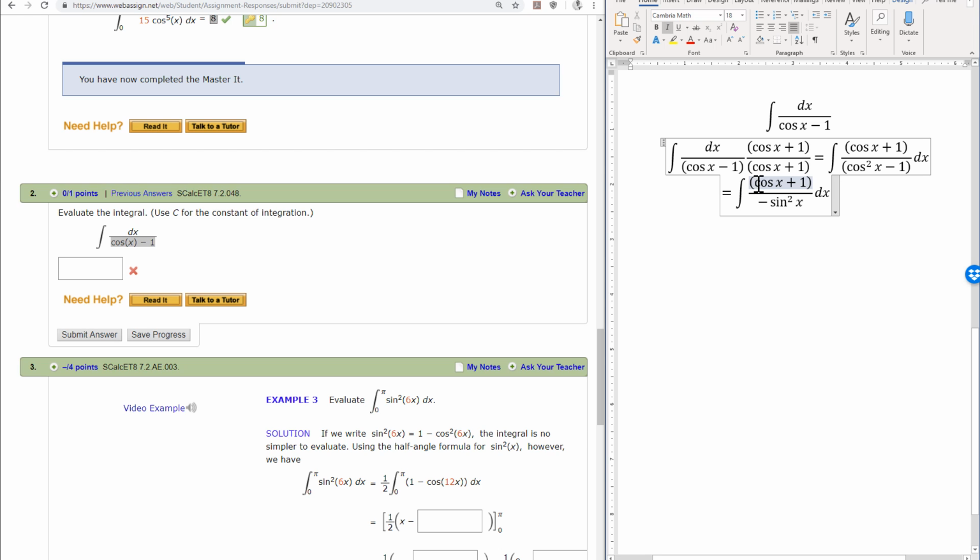And now we can deal with the numerator in the sense that it's a couple of terms that we're adding, so we can split this up into two different integrals.